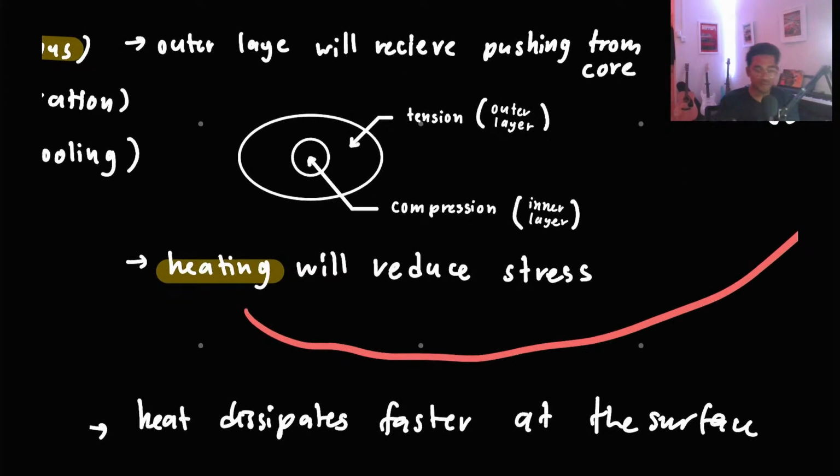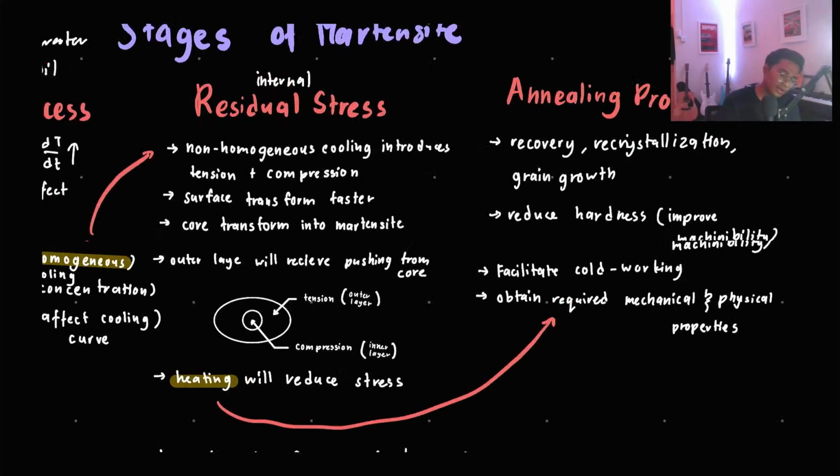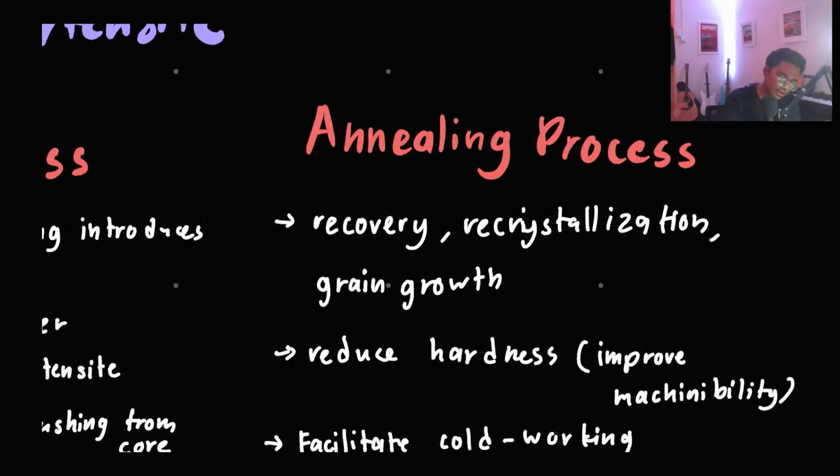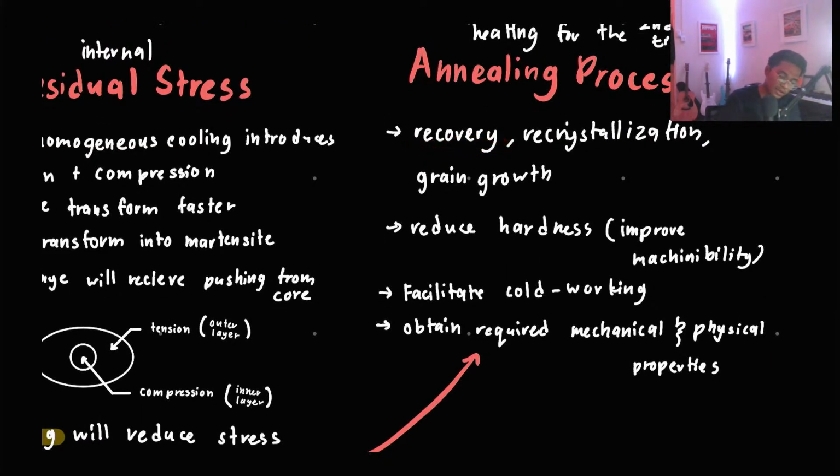So how do you want to eliminate this residual stress? It's by heating. This heating process is also called the annealing process, heating for the second time. Annealing means recovery, recrystallization and grain growth.